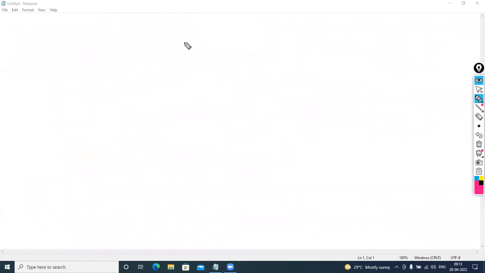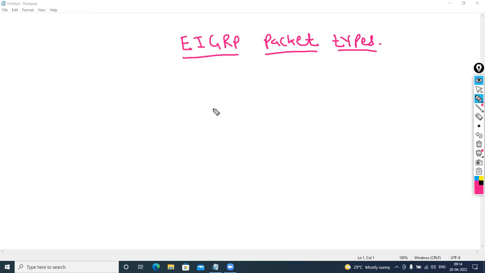Now we'll talk about EIGRP packet types. We have 7 EIGRP packet types.